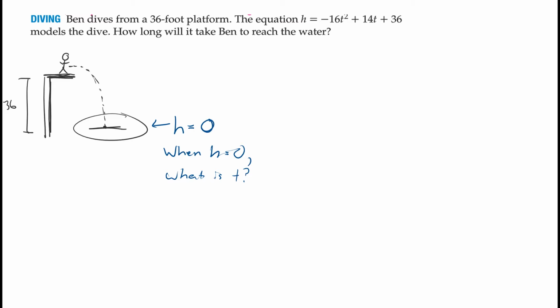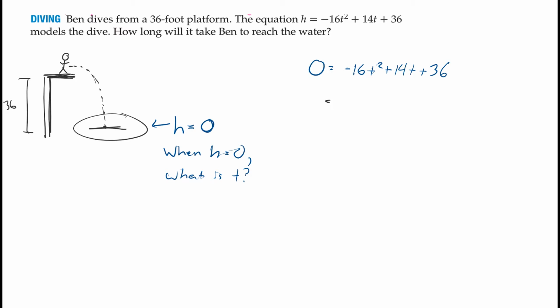Well, what if I say in my equation 0 is equal to negative 16t squared plus 14t plus 36, and that equals 0 because h is 0. Hey, notice this is a problem we solved by factoring. I have a trinomial, and it is set equal to 0. So if I can factor this, I can use the zero product property. So I'm going to go ahead and do that.